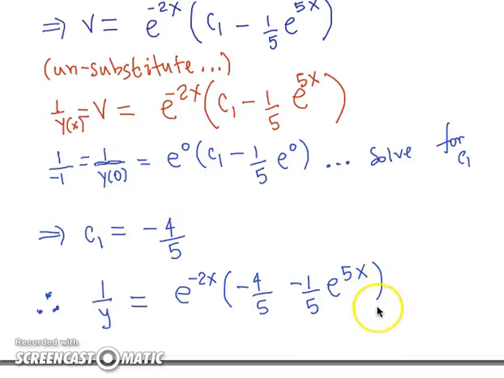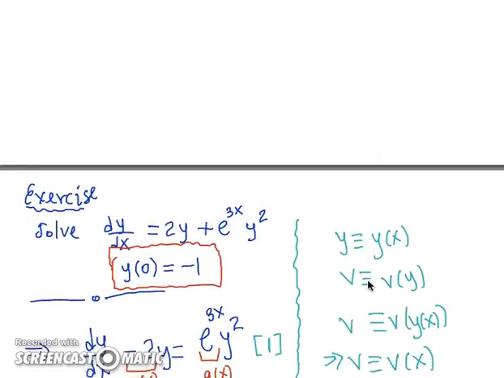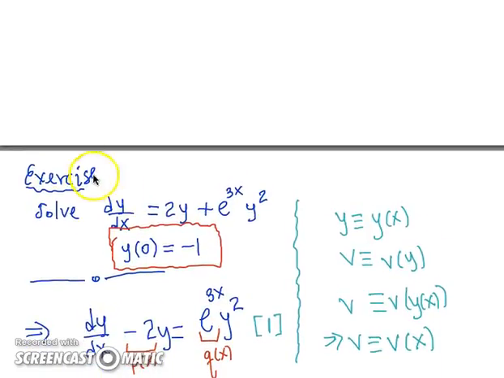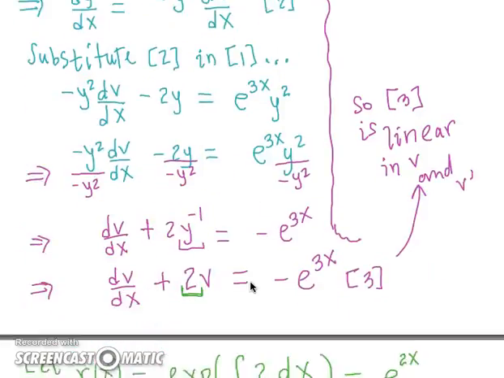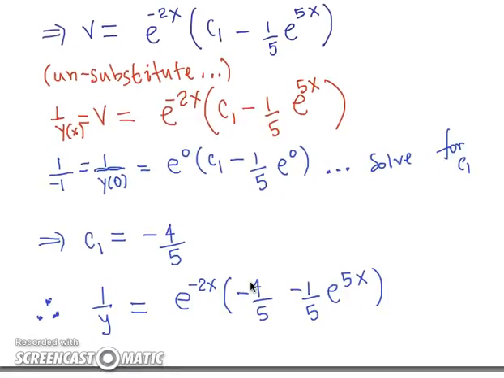And this is exactly the solution that we obtain for the Bernoulli differential equation, that is, the equation that we have defined here as equation 1. The solution of this equation 1 with that initial condition is given by this expression here.